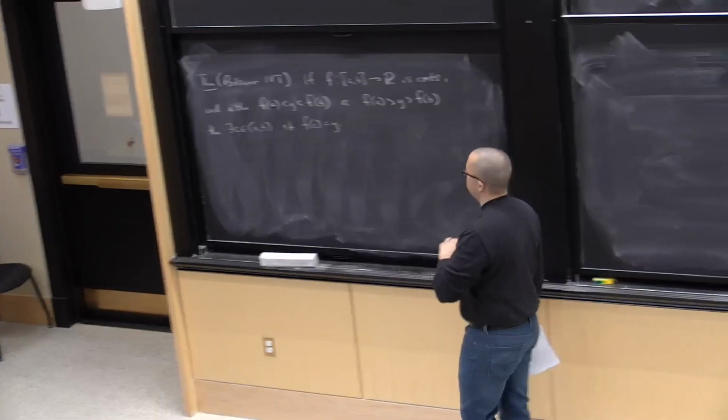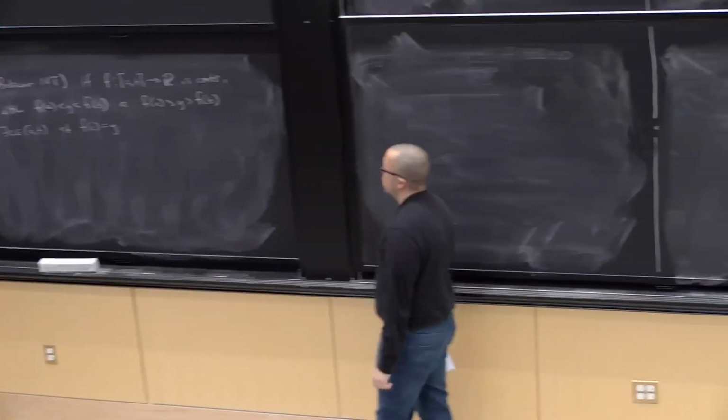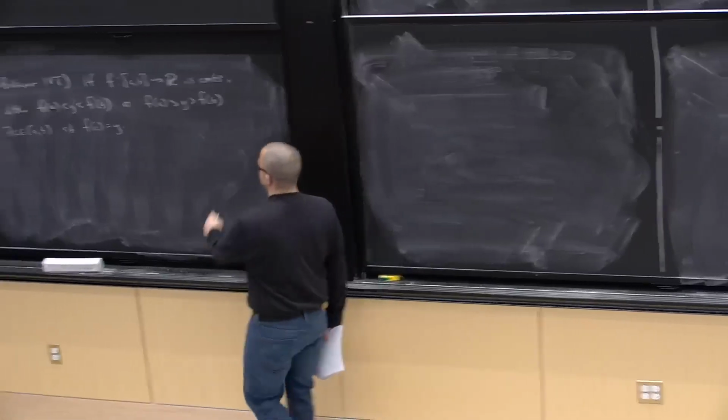All right, so every value in between f evaluated at the endpoints is achieved.